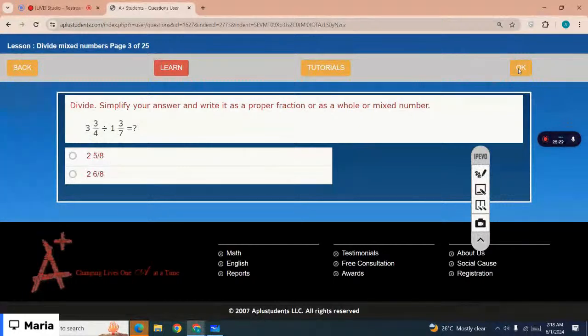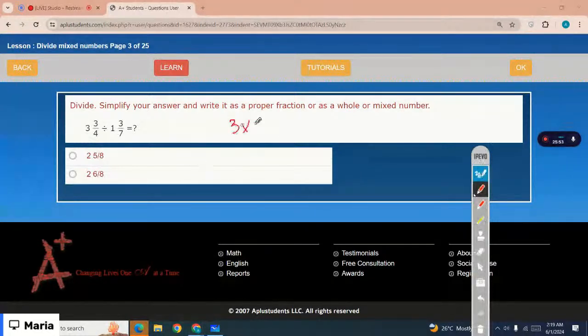Okay, the next one is divide 3 whole 3 by 4 divided by 1 whole 3 by 7. So which is the correct option? You have to do 4 times 3 plus 3 over 4.